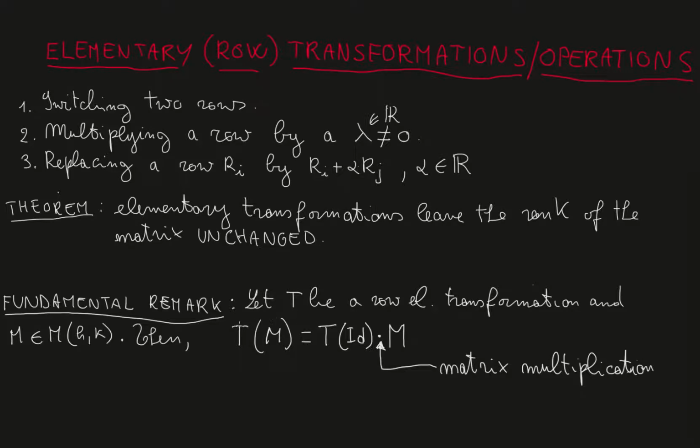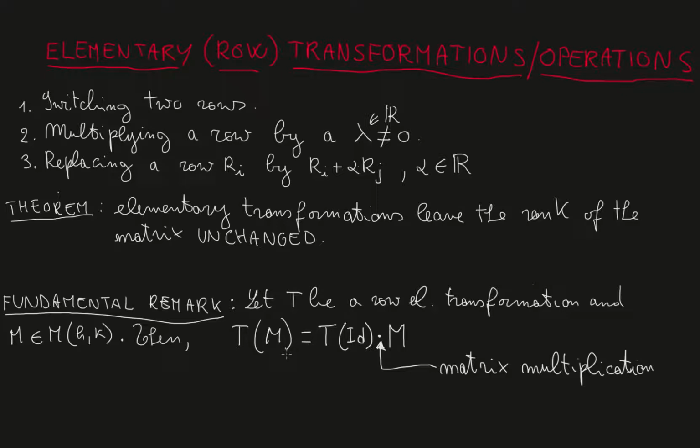This matrix is exactly the same as taking M and multiplying on the left by a certain matrix. Row elementary transformations reduce to left multiplication by a certain matrix. Now, what is the matrix we are multiplying by? It is the identity matrix to which we applied the same transformation T.